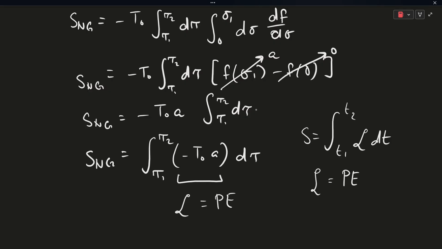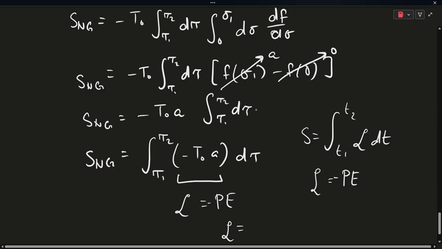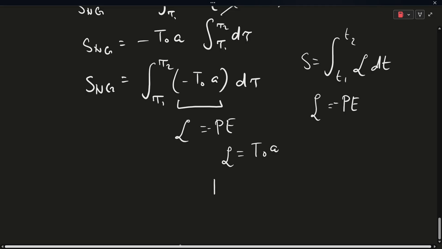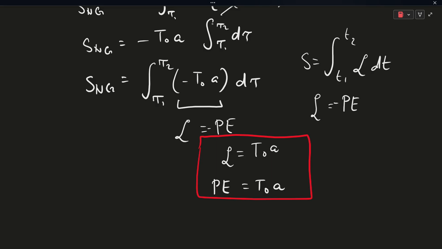No, actually it's minus V, because my kinetic energy vanishes, it would be negative V. So then the Lagrangian would be equal to T0 a. And my potential energy would also be T0 a. So there it is. For some string tension T0, which you can compute via Hooke's law or any approximation you want, and to some point a where it has been stretched, these are the values for the Lagrangian and the potential energy.